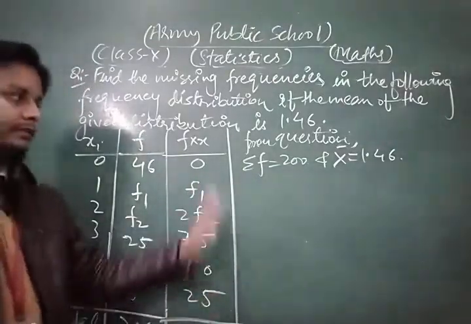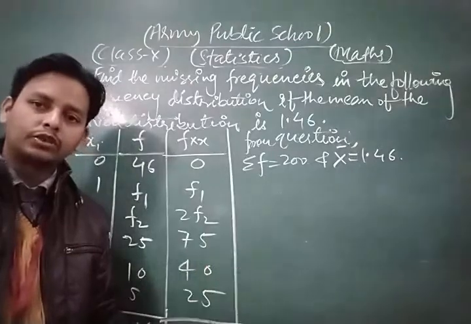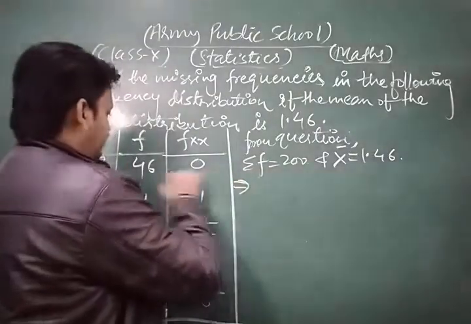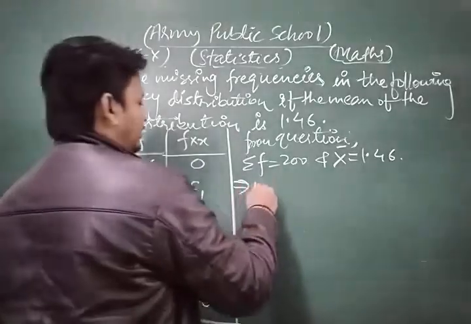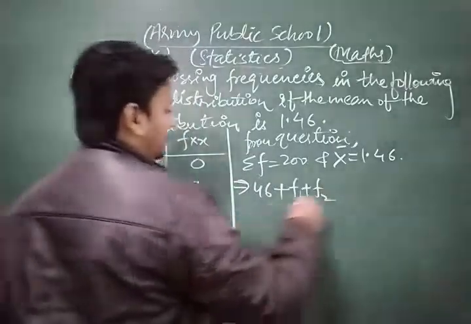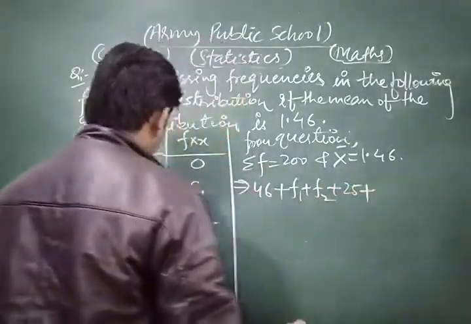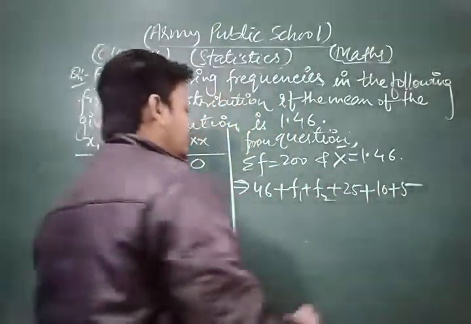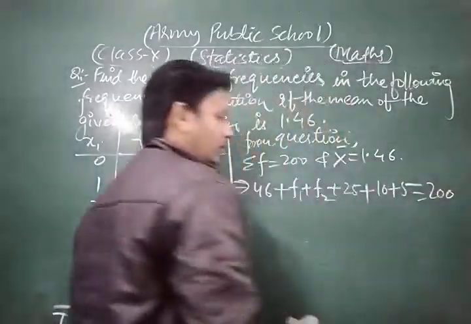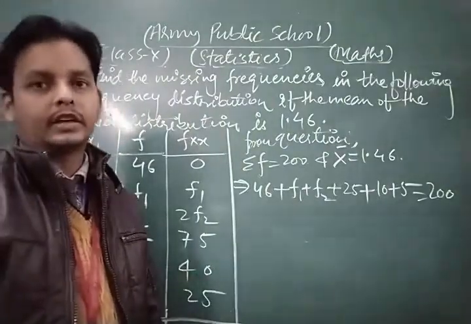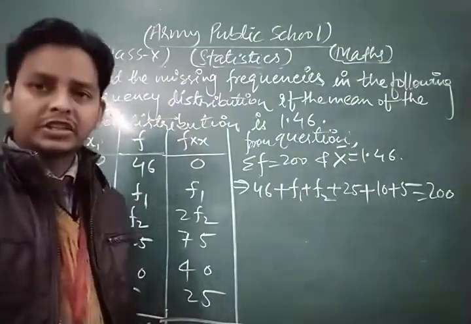Now sigma f is 200, which is given in our question. Sigma f is the sum of all these frequencies. So 46 plus f1 plus f2 plus 25 plus 10 plus 5 is equal to 200. Now we simplify and get the relationship between f1 and f2.